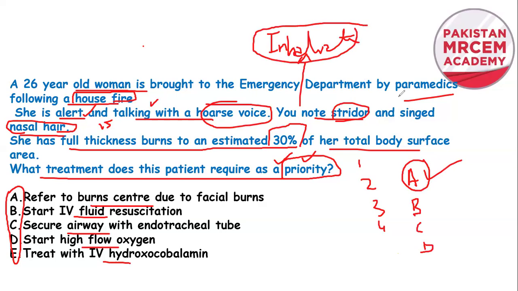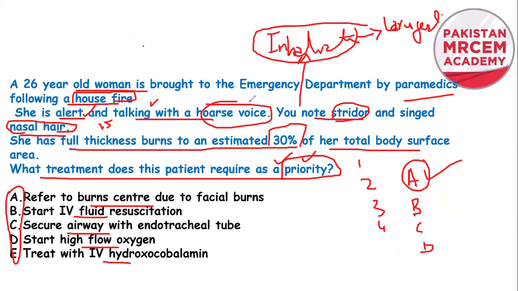So what could it lead to? It can lead to laryngeal edema. So in no time, the patient will develop laryngeal edema and we are not able to secure the airway. So we have to apprehend in advance and we have to do elective intubation before the patient loses the airway.